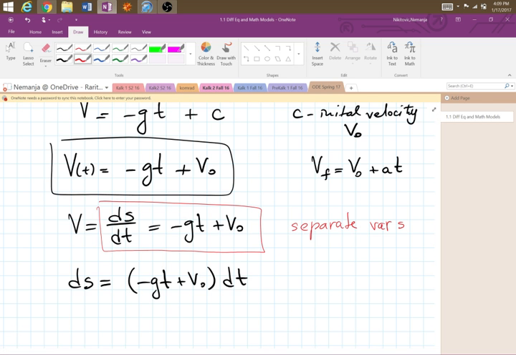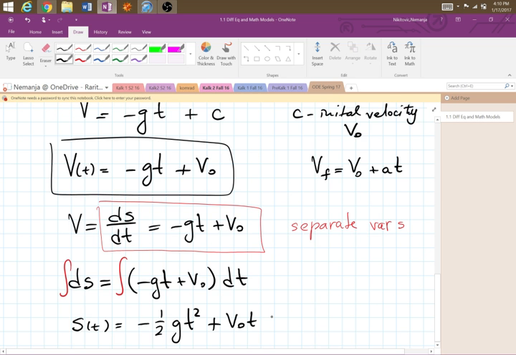And we integrate both sides. So now s of t is equal to negative 1/2 gt squared. Remember that the integral of t is t squared over 2, right? We all good on that? Plus v0t plus c, some constant.